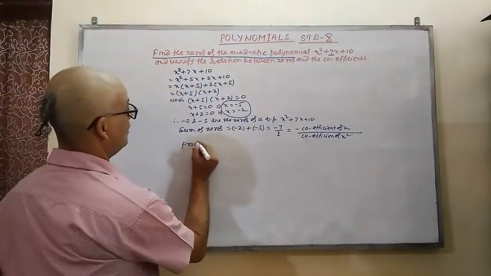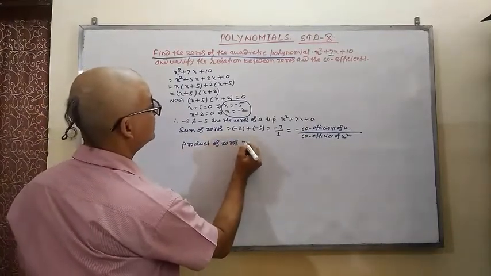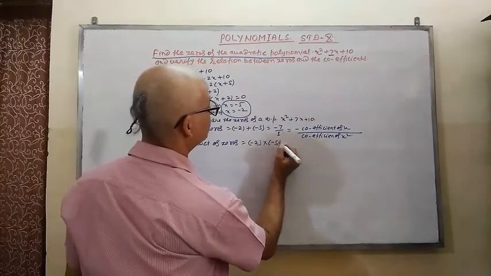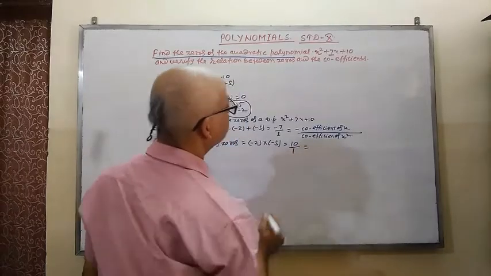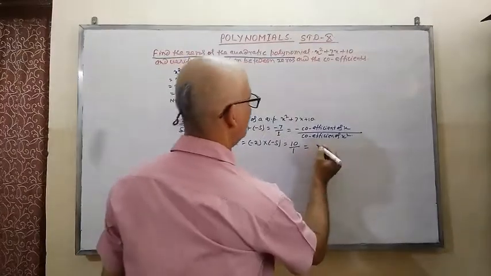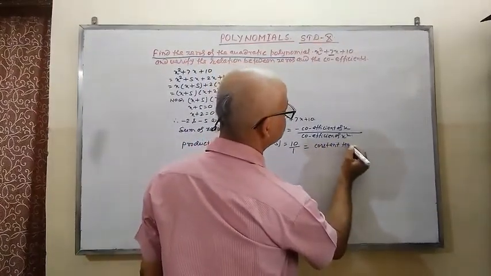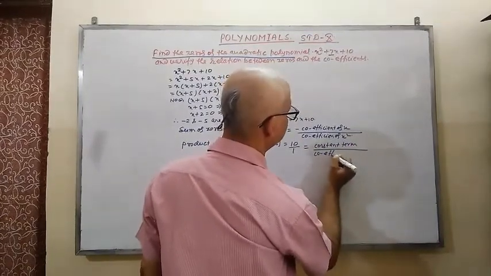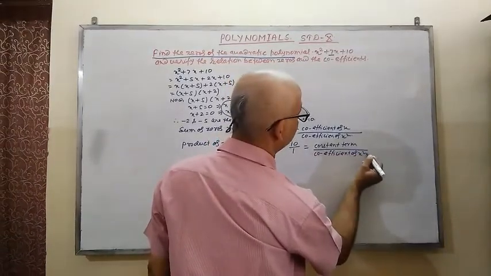Similarly, product of zeros is equal to minus 2 into minus 5, that is equal to 10. 10 can be written as 10 by 1. Now 10 means what? C. C means constant term, whole divided by coefficient of x square.